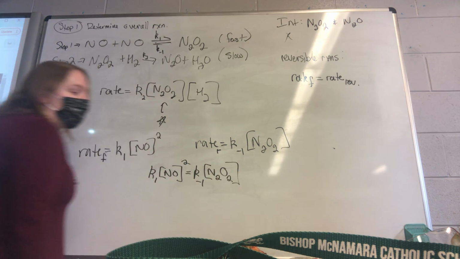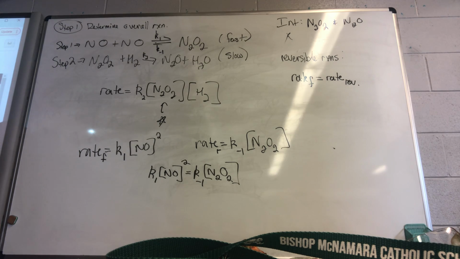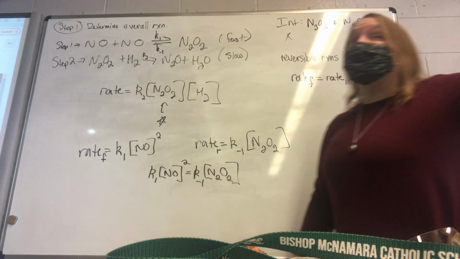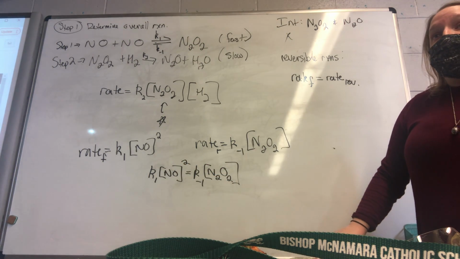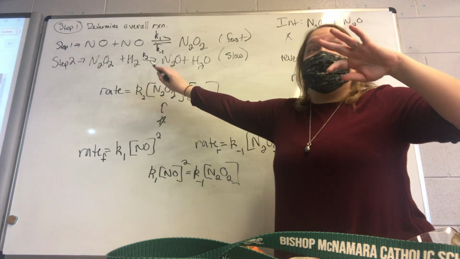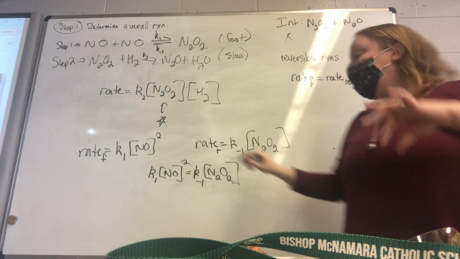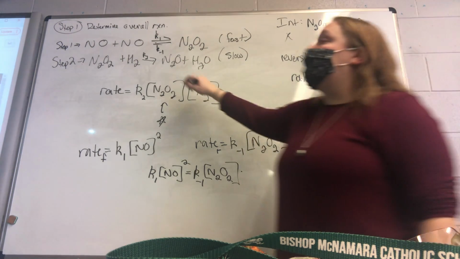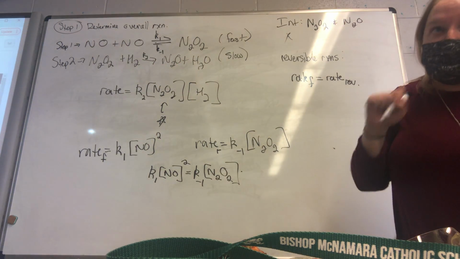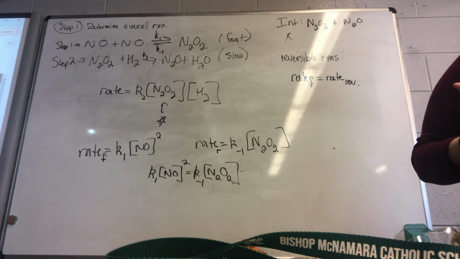My goal is to get an expression that involves reactants that actually exist, so think NO in this case, into this rate law we predicted for the slow step, because that intermediate doesn't exist, right? So we have to put something in there to substitute for that intermediate's concentration that really can be measured.